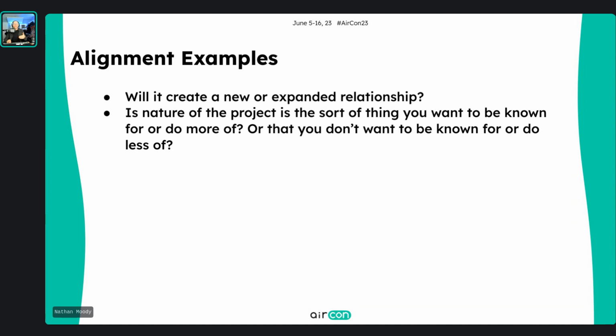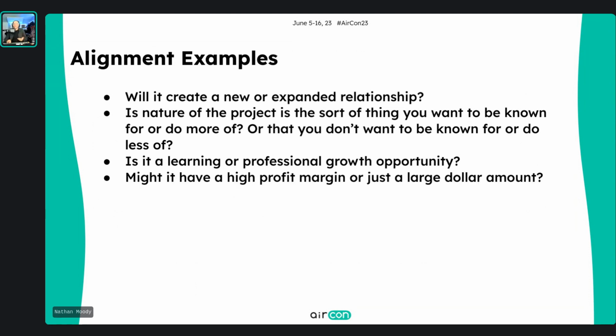Conversely, is this the kind of project where it might pay the bills, but it's not necessarily a project that you want to attract more of in the future? Does it represent a personal learning or professional growth opportunity to learn something new or be paid to learn something new? Might it just simply have a high value like sonic branding? Might it just simply have a high profit margin or large monetary amount that might make it aligned because, frankly, you need work right now?